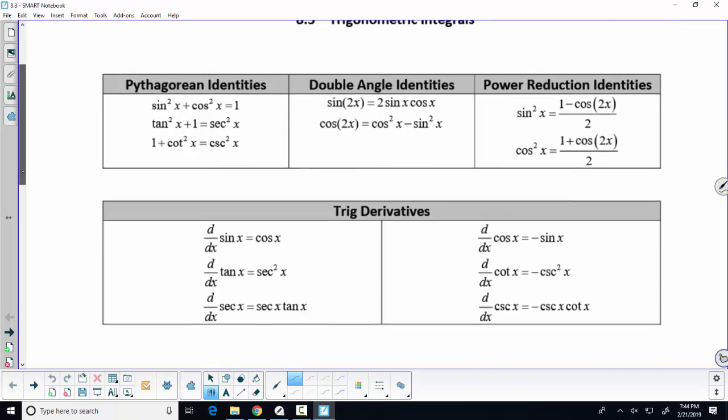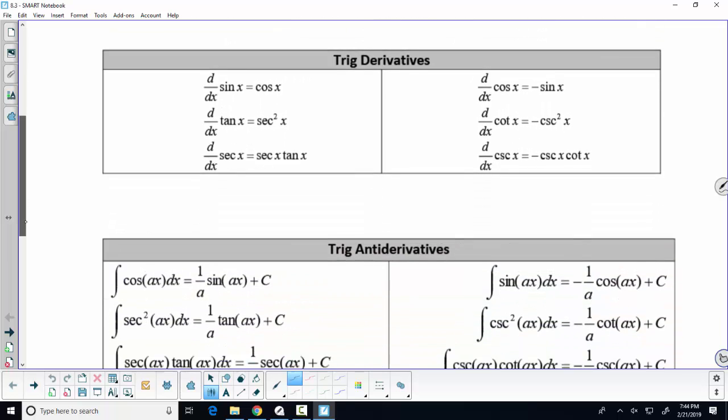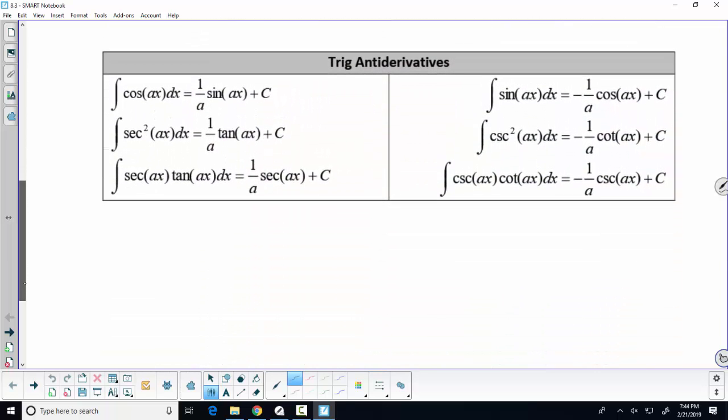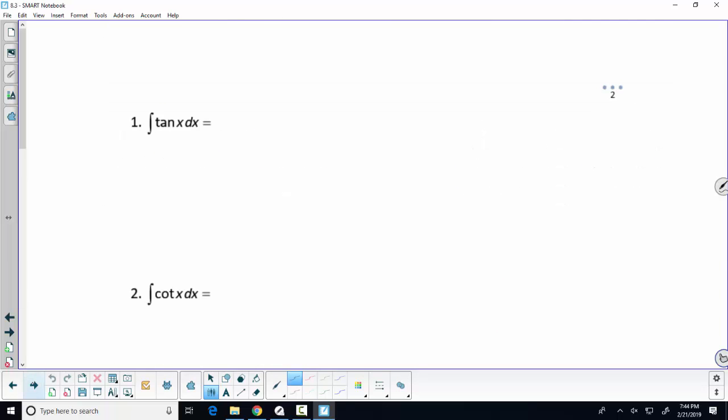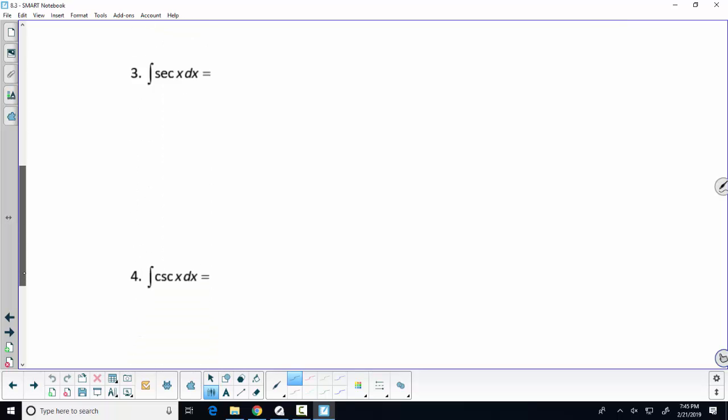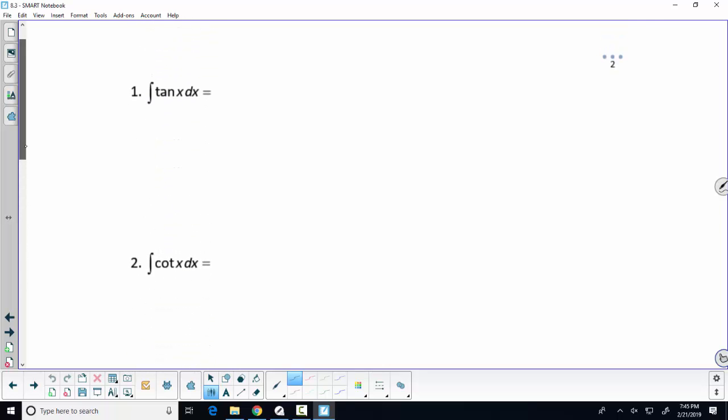Some identities to remember that will help you through. Some antiderivatives there. Before we actually talk about the strategies involved in integrating powers of sine and cosine, secant, tangent, we're going to look at the other 4 trig functions, the antiderivatives of these. A couple of them we already talked about.